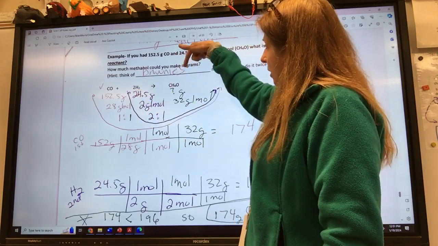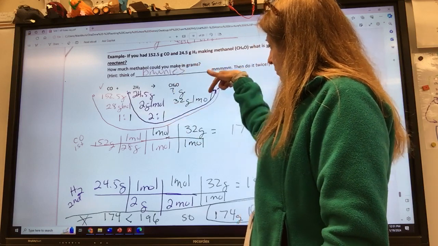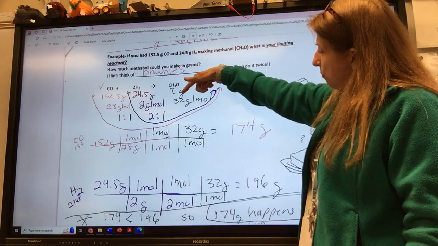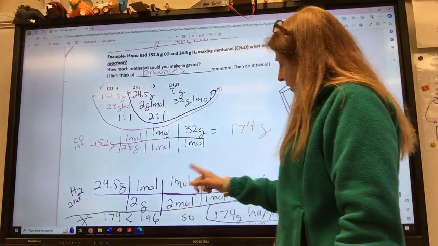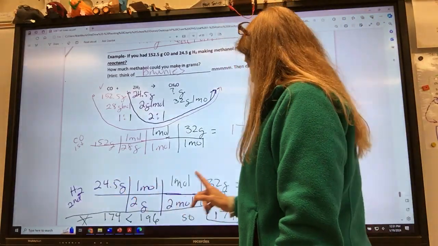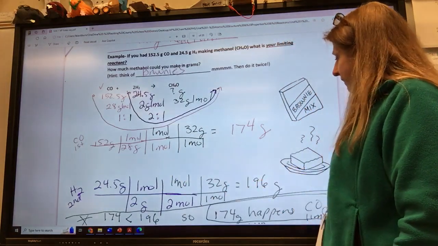That's mole of methanol. Now I go around the circle. I put moles on the denominator. It's that mole right there. I put grams in the numerator. It's that right there. Grams cancel out, moles cancel out, moles cancel out. I'm left with grams. 24.5 times 32, divide by 2, enter, divide by 2, enter is 196.